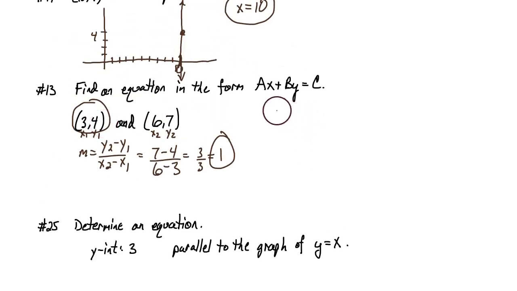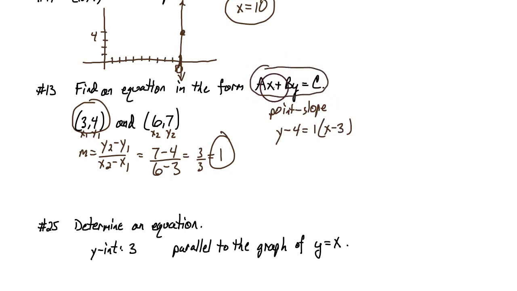Start with the point-slope form. y minus, fill in y1, fill in m, x minus, fill in x1. Here's our equation, but it doesn't fit the form that we're asked for, which is ax plus by equals c. So let's do the distributive property.